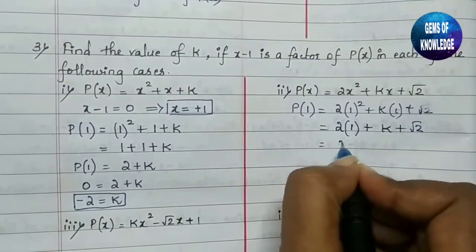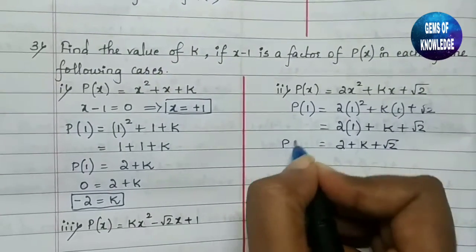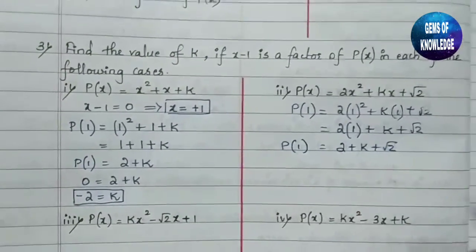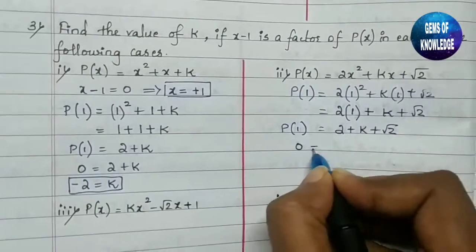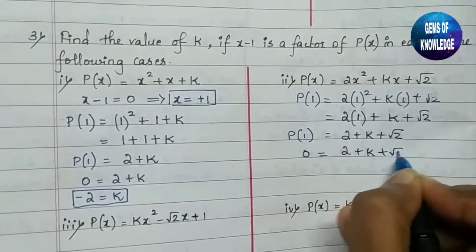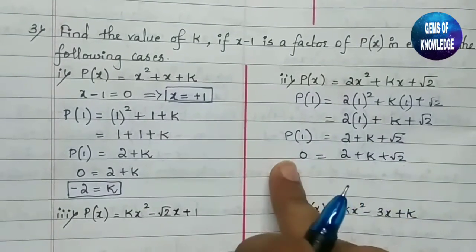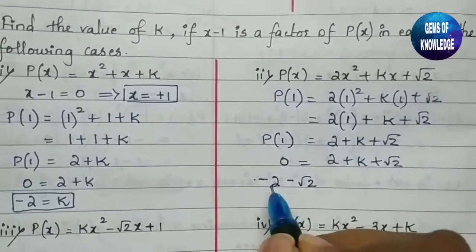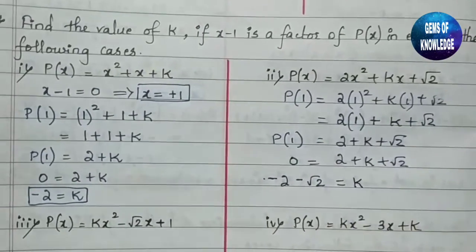So p of 1 is equal to 2 plus k plus root 2. Now we consider p of 1 to be 0, which is equal to 2 plus k plus root 2. When we move this root 2 as well as this 2 to this side, we are getting minus 2 minus root 2, which is equal to k.